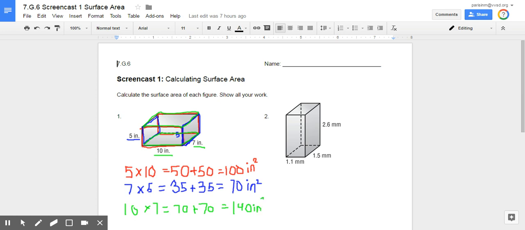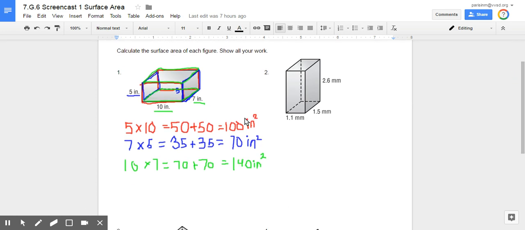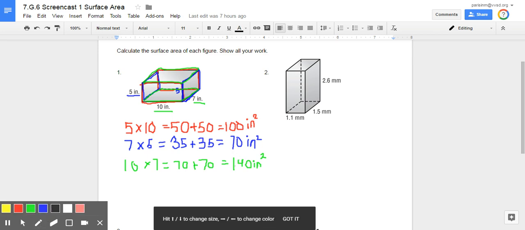Next, we want total surface area. If we want total surface area, we are going to find the sum of all of the surfaces together. So I'm just going to draw a line underneath here, and I'm going to add this all up.